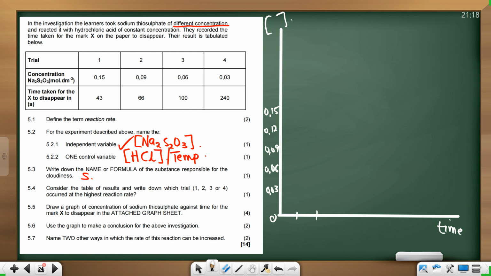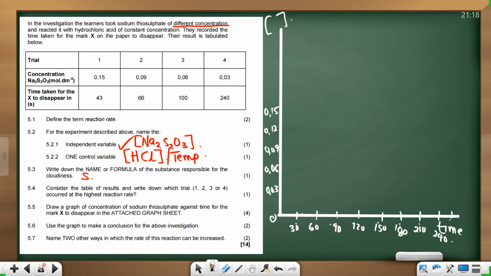It's 120. Let's see what we can use. No, 240. Okay, 1, 2, 3, 4, 5, 6, 7, 8. I can use 30, 60, 90, 120, 150, 180, 210, 240. It must be a scale, guys. All right.